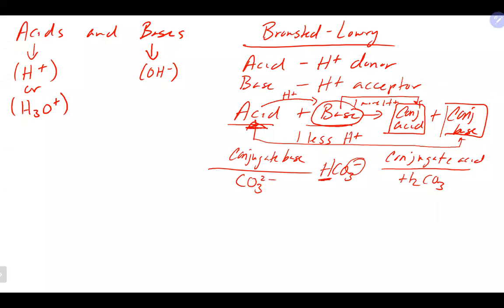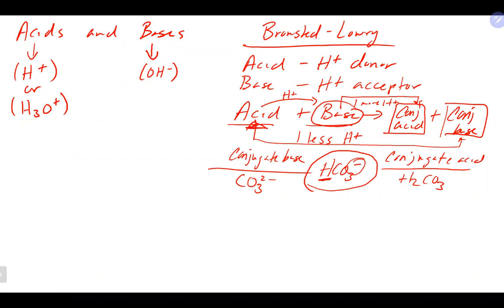This is something that could act as an acid or a base, which is known as an amphoteric substance. Typically, things that have a hydrogen and a negative charge have the ability to go both ways, either give away an H or accept an H. Things that don't have an H can't give one away, so they can never be an acid. So sometimes those with the H and the minus charge can do both.